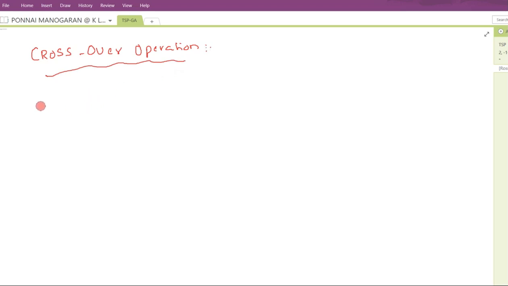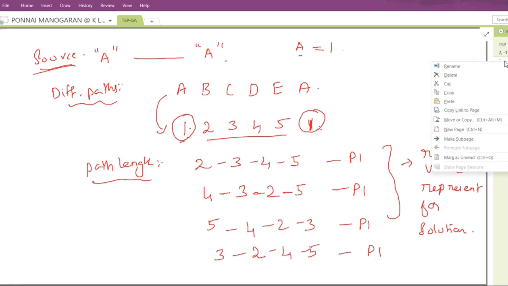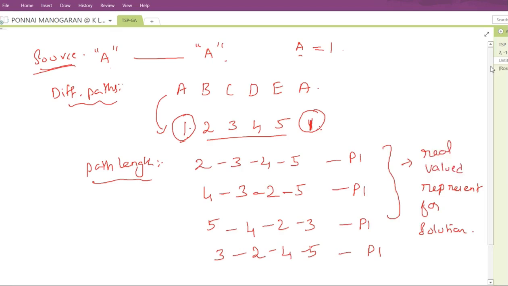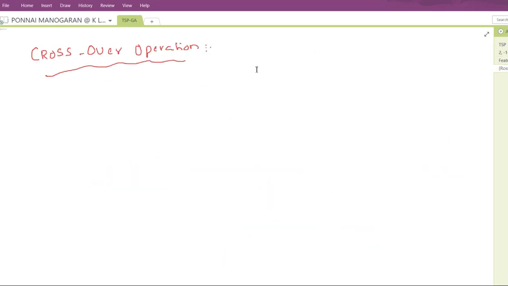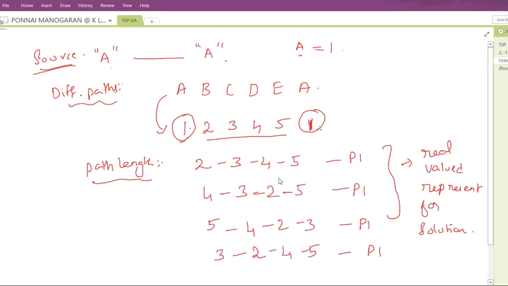In the previous slide we have seen the feature representation, how the features are represented like this.